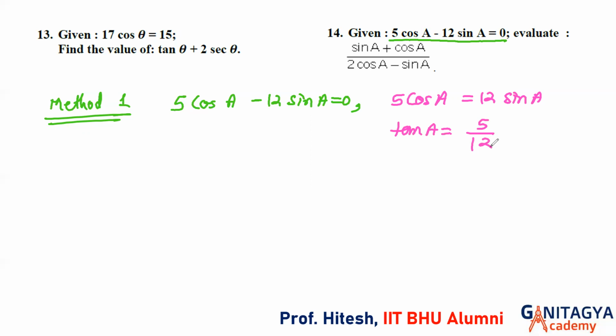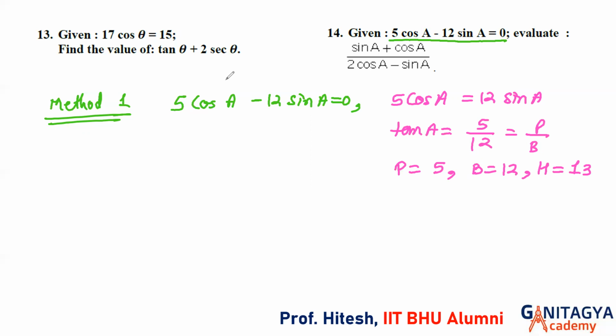Sin upon cos, that is 5 upon 12. It is perpendicular upon base. So perpendicular is 5, base is 12. So hypotenuse will come 13 automatically. That is under root p square plus b square. Understood?